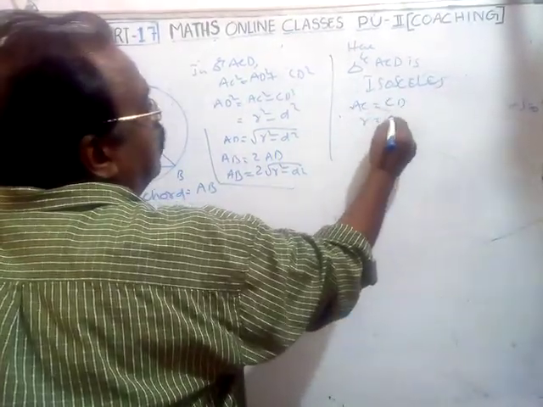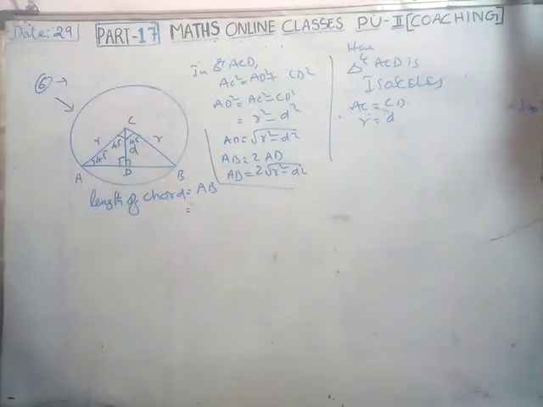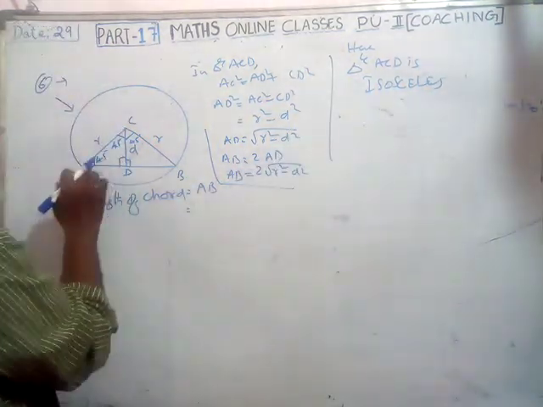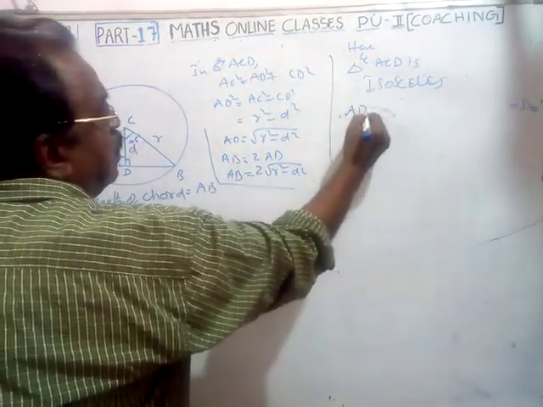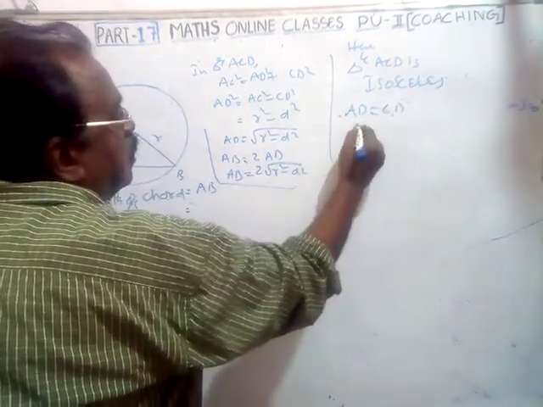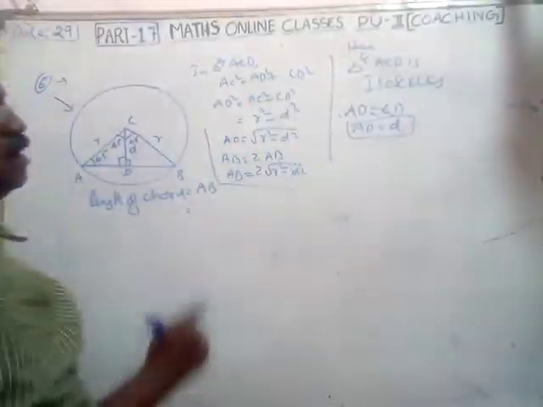That means R is equal to D. Wait, not R is equal to D. Opposite to this one is AD, and AD is equal to opposite this one, which is CD. So AD is equal to small d. This is important. Not R is equal to D.